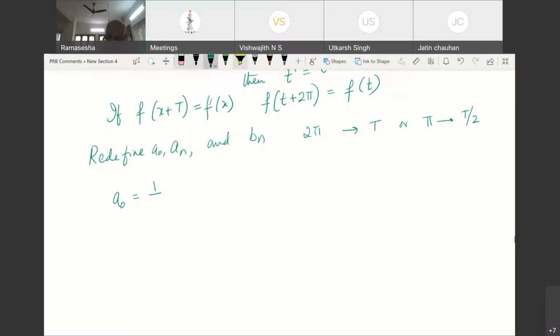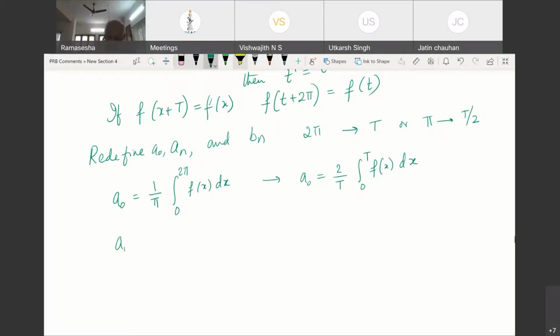So what happens is the periodicity is not 2π, the periodicity is T. So because of that, π will become T by 2, and 2π will become T. 1 by π will become 2 by T. Okay, so it will be equal to 2 by T integral 0 to T f of x dx.